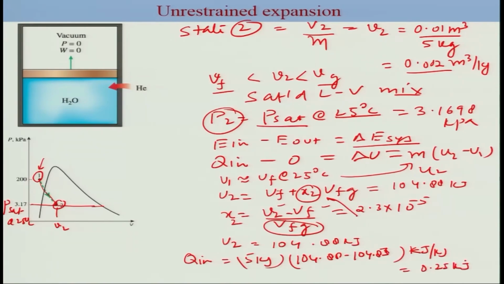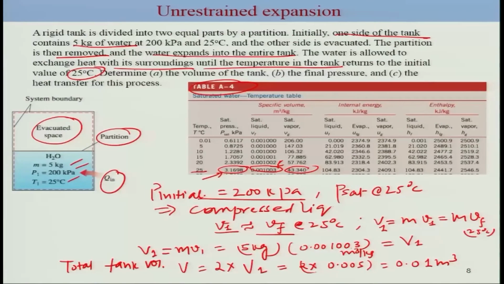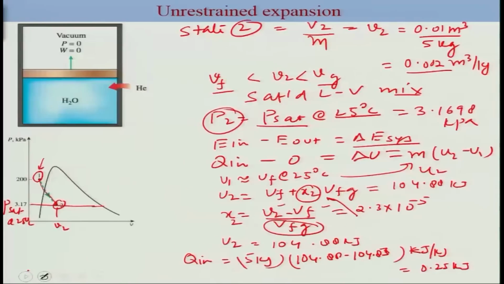Remember that we have considered u1 as u of the liquid, so that was our assumption. This 104.83 we calculated based on the quality and the values of uf and ufg from the table.